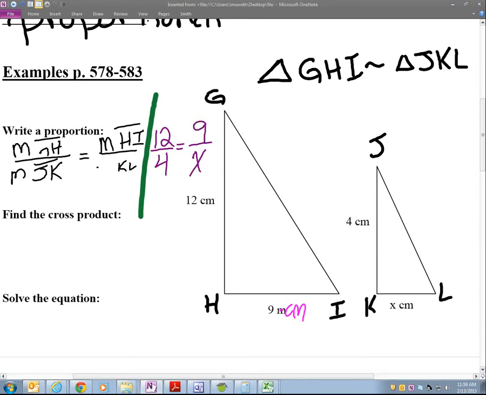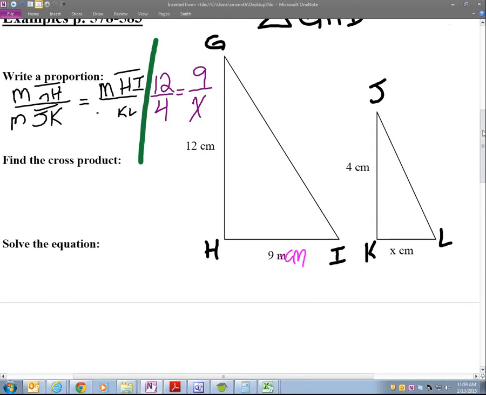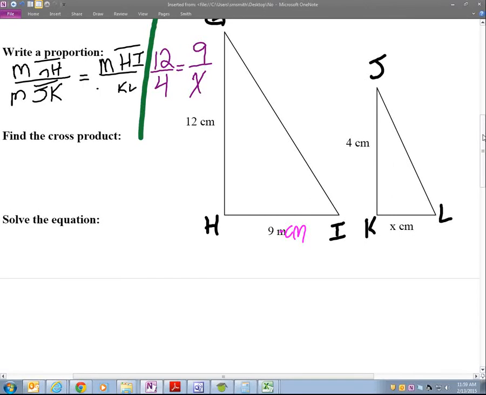Okay. Now we're going to find the cross products. This is how you solve for the variable that you don't know. We've done this with proportions of percentages. We've used proportions for so many things.